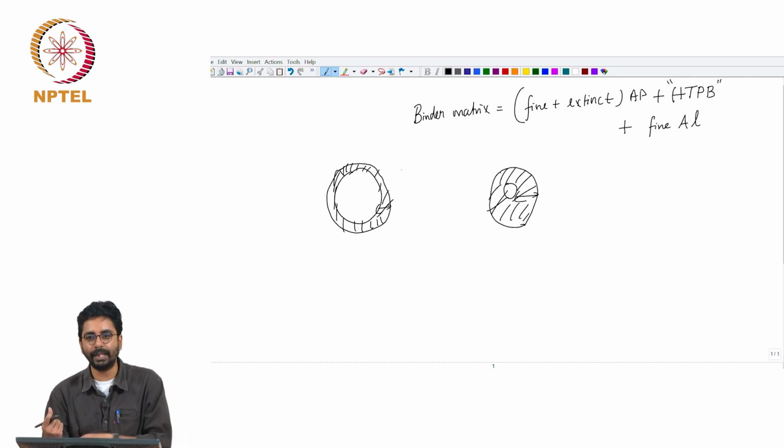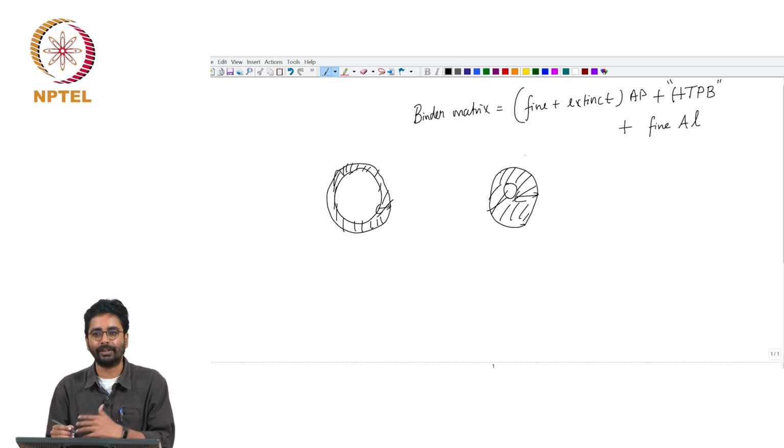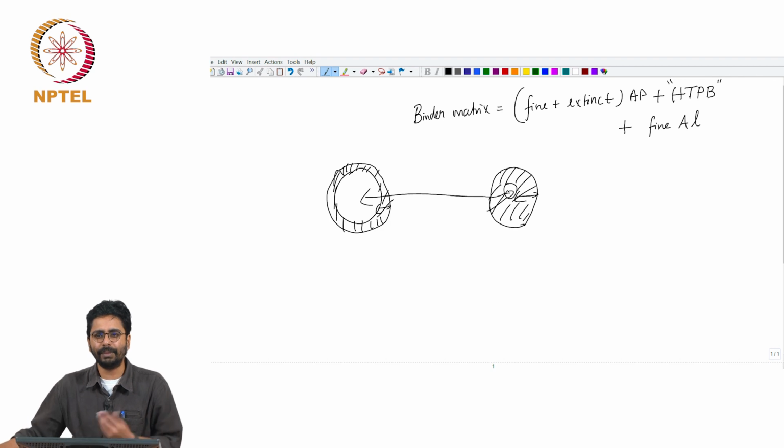The predictions being in good match with data seems to indicate that this is closer to reality when it comes to the oxidizer to fuel distribution within the heterogeneous propellant. Of course, we can try many things. I can assume that the thickness is proportional to the diameter, or to the surface area, all that is possible. But this simple assumption seems to be in agreement with data from reality.